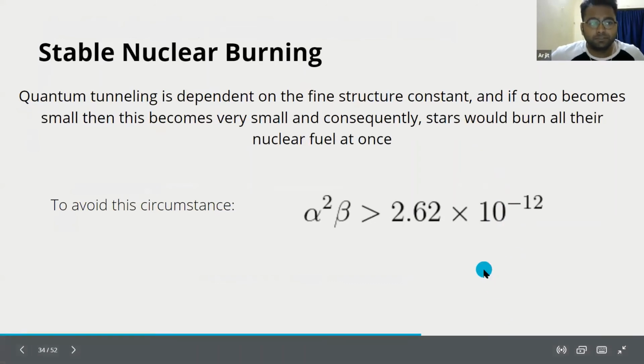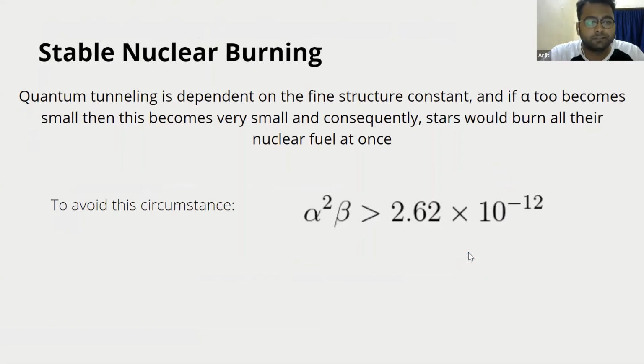For stellar nuclear burning, we argue that the star should live long enough to allow for observers to occur. So we have an approximate time limit: the star should live for at least around 1 million years for life to occur. Quantum mechanical tunneling depends upon the fine structure constant.